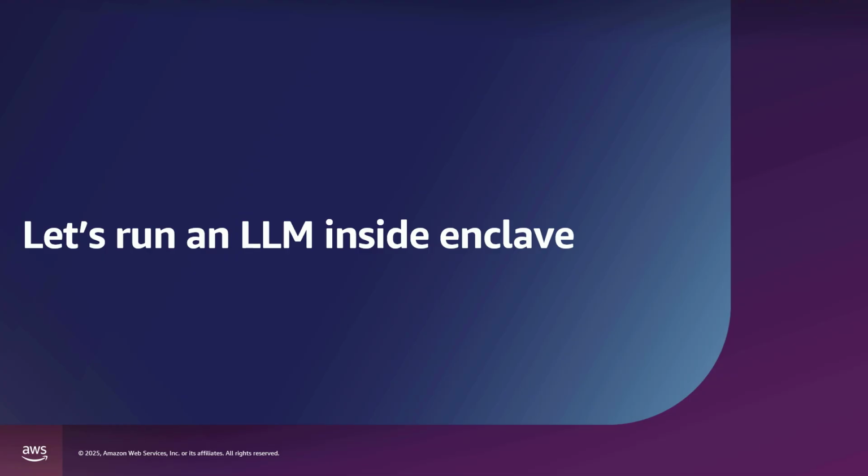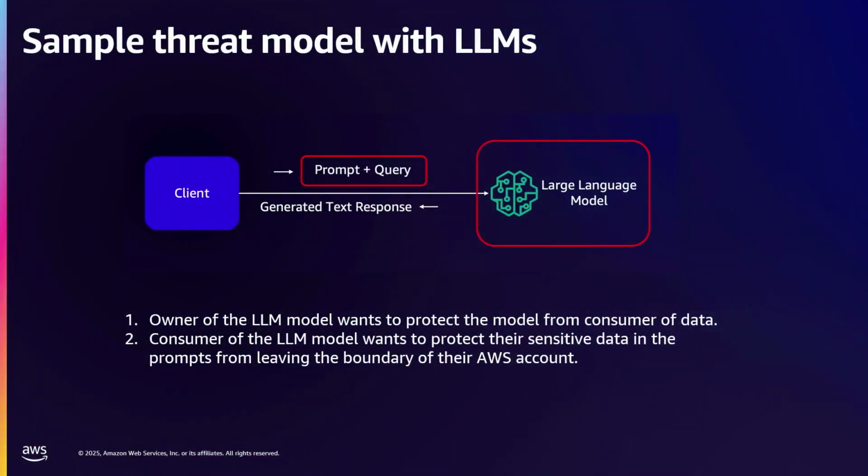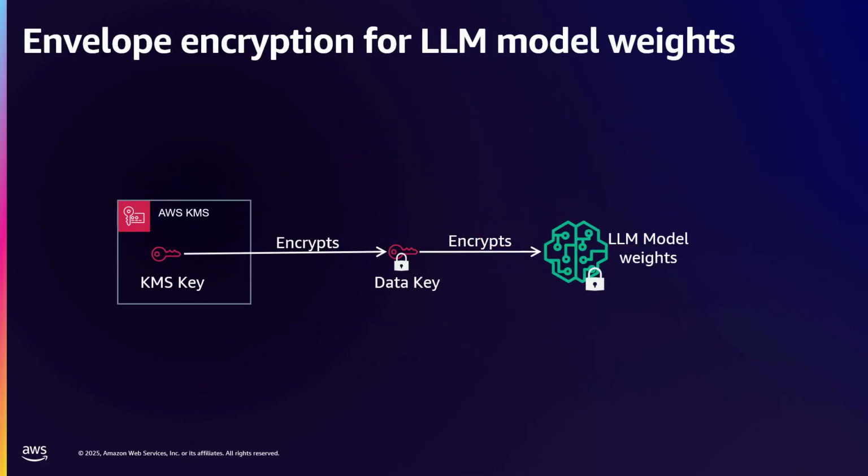And it is indeed running in a trusted execution environment that even their own administrator cannot see what is going inside, right? So that's a dimension two that we just spoke about. So this is the scenario that I just explained. The customer wants to protect the prompt and the query, and the model provider wants to protect the large language model. Now, how do you do that? How do you accomplish that, right?